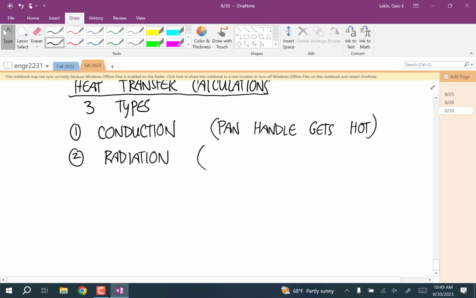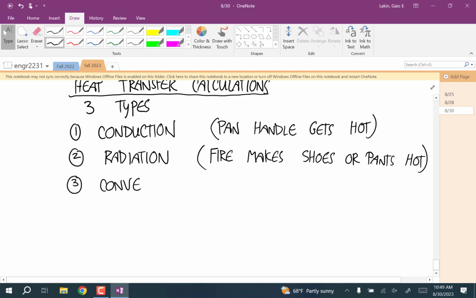Radiation is how we get energy from the sun. It's like if you stand in front of a fire, it's why your pants get hot. And the third one is convection. An example of convection is wind chill.